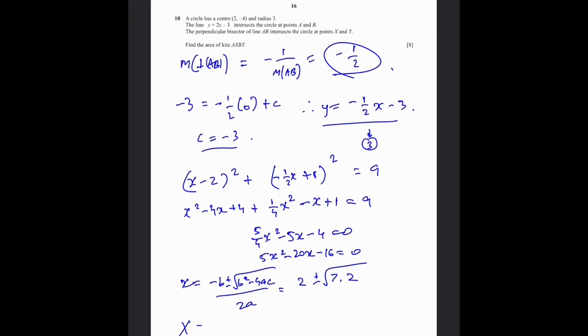Now if the x value of the point X is 2 plus root 7.2, then the y value of the point X is going to be minus root 7.2 by 2 minus 4. And yes, I'll need one more extra page to do this.